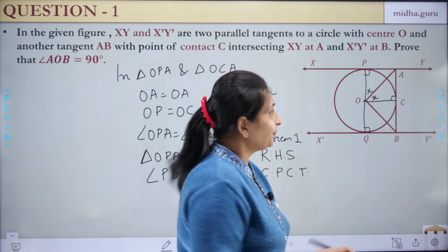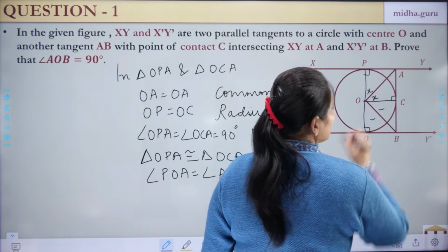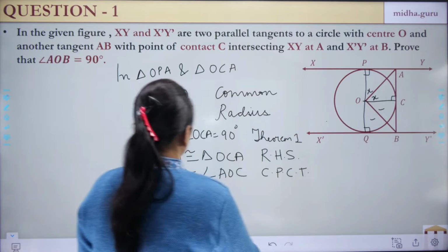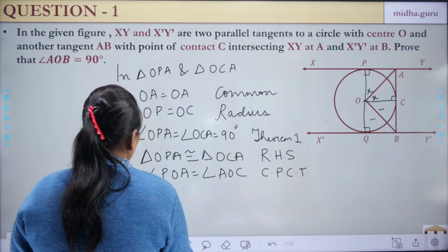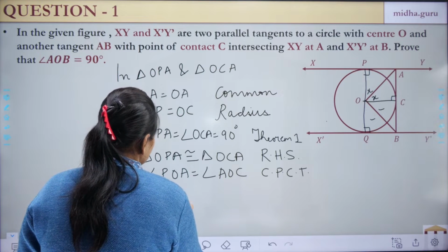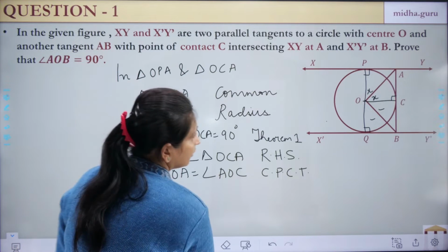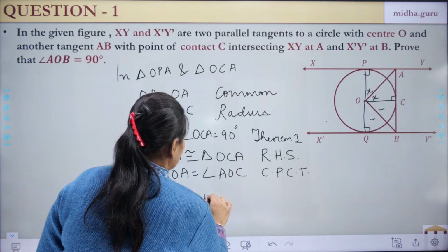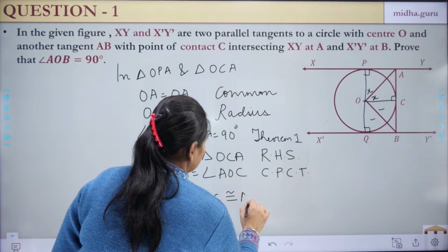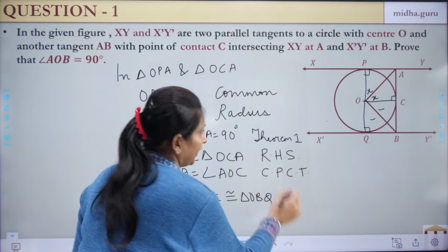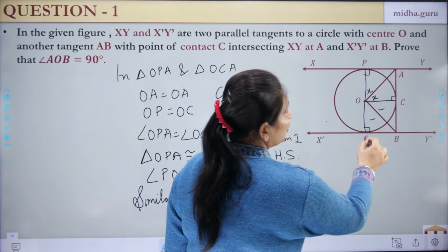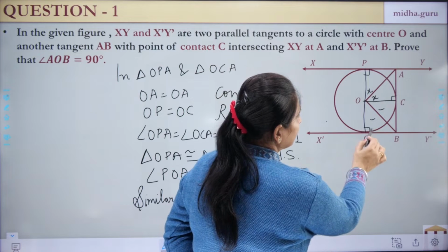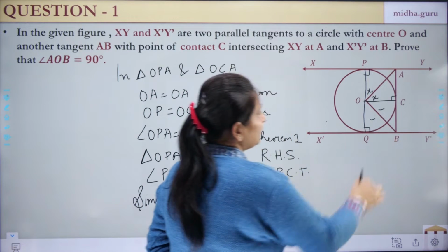Again, similarly, we can prove triangle OCB and triangle OQB congruent. OC is equal to OQ, radius of the circle. OB is equal to OB, common, and angle OQB is equal to angle OCB, 90 degrees.